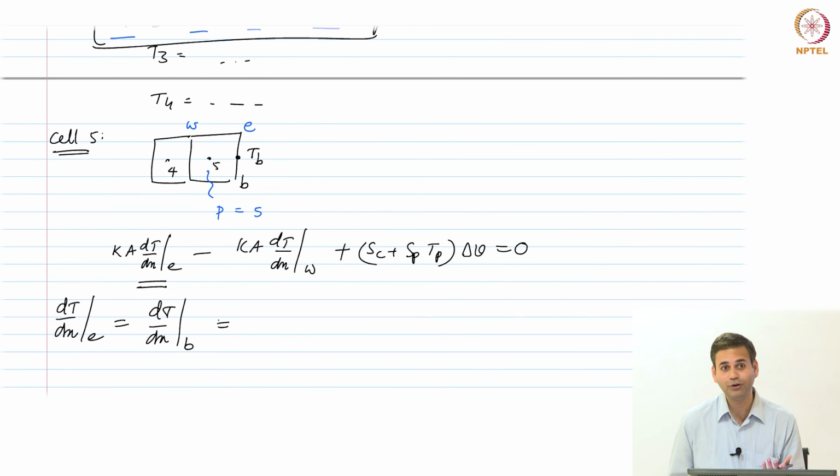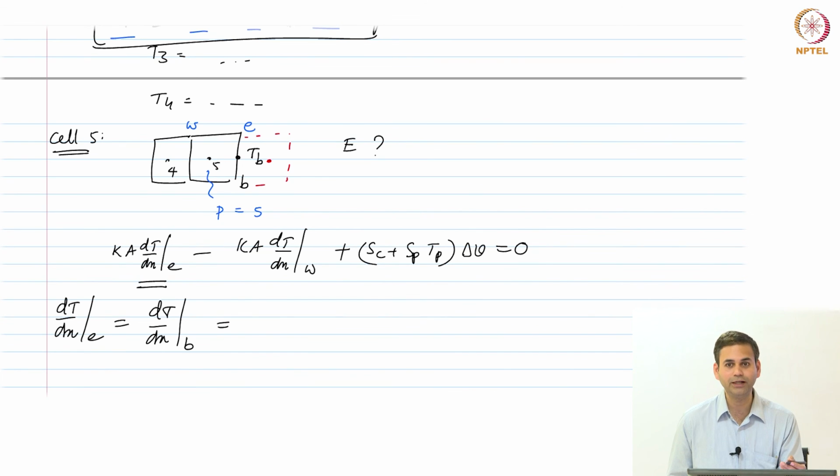Only thing is that we do not know the cell value for the E cell, because we do not have such a cell here, right. If it were there, we would have calculated this as some T6 minus T5 by delta x, but do we have any other value? We have TB, right, I can do TB minus T5 to calculate the gradient, but what would be the distance between these two then?